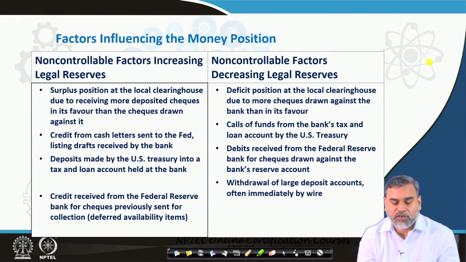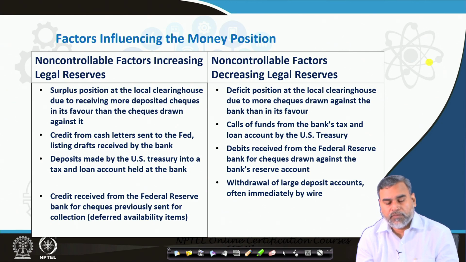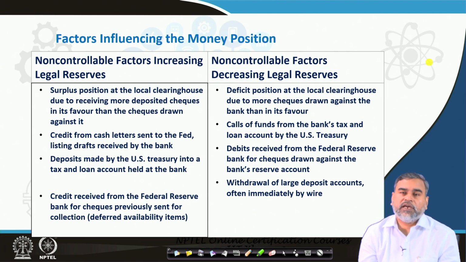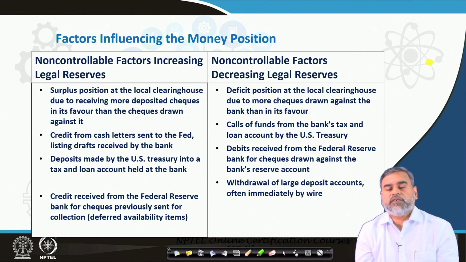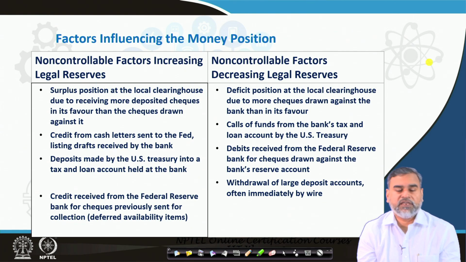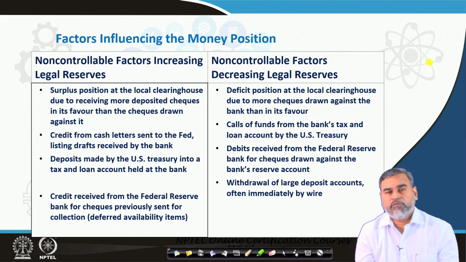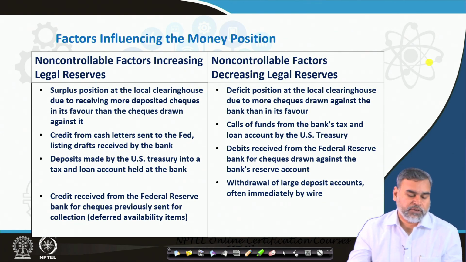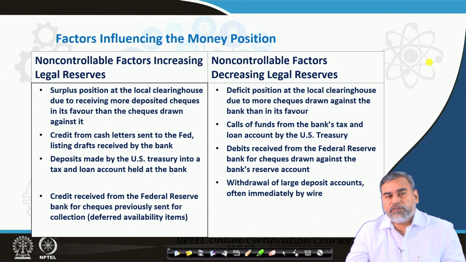Then we have the withdrawals of large deposit accounts, often immediately by wire. So, these are the different factors which reduce the legal reserve, and these are the factors which are used to increase the legal reserves for commercial banks by using different kinds of strategies or instruments.